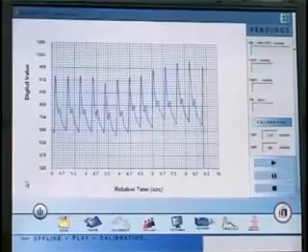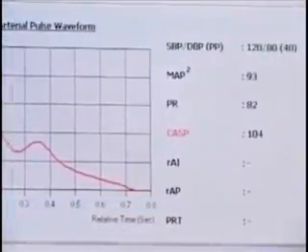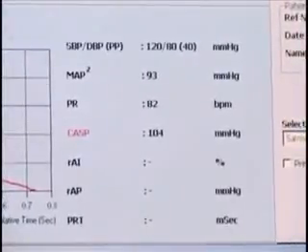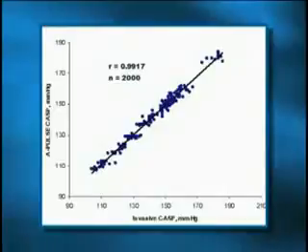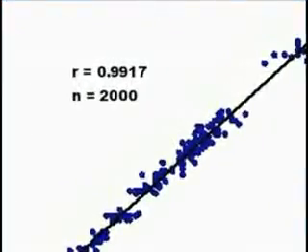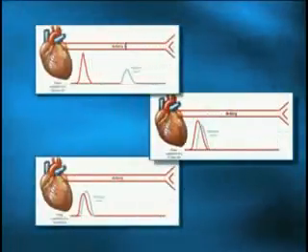We measure the central pressure here, and we read off the central pressure as calculated by the APAUS. We have 2,000 patient waveforms, and the accuracy was 0.9917, which is unbelievable.